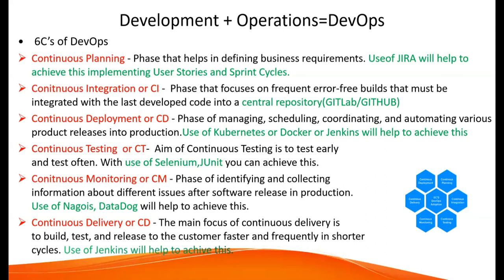Moving to the fourth C, which is continuous testing, or CT. The aim of continuous testing is to test early and test often. And how can you achieve this? With the use of JUnit and Selenium.